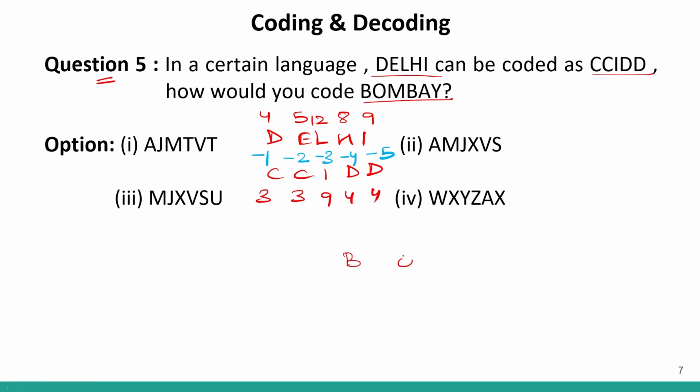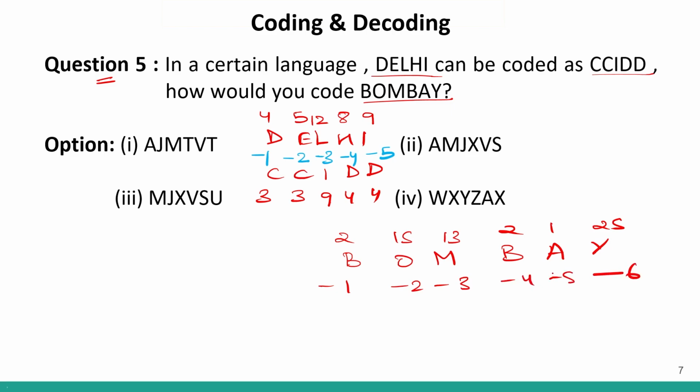Bombay is BOMBAY. Codes are 2, 15, 13, 2, 1 and 25. Correct? So I will go -1, -2, -3, -4, -5 and -6 since there are 6 alphabets now. Okay? So what code will I get? 1, 13, 10. From 2 if I go -4.